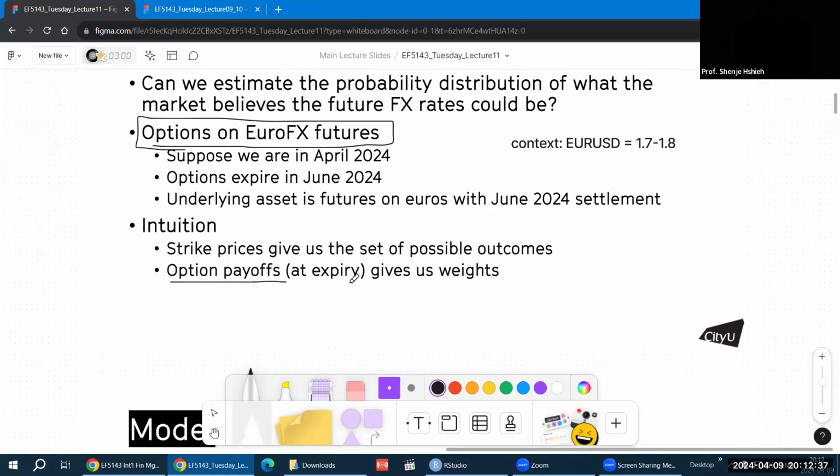So the option payoffs, therefore, will give us the weights. So we're going to assume, for simplicity, that we calculate the payoffs. That will affect the likelihood that certain states of the world will have more weight or not.